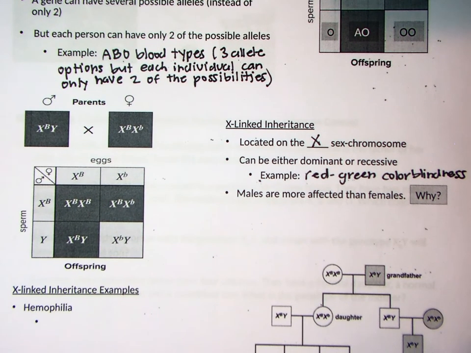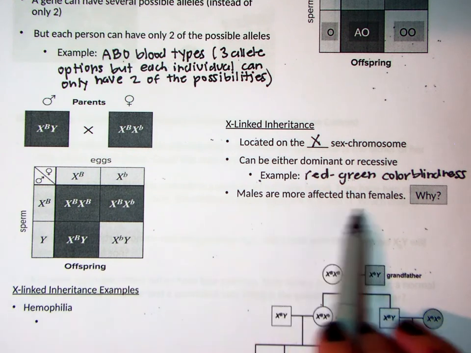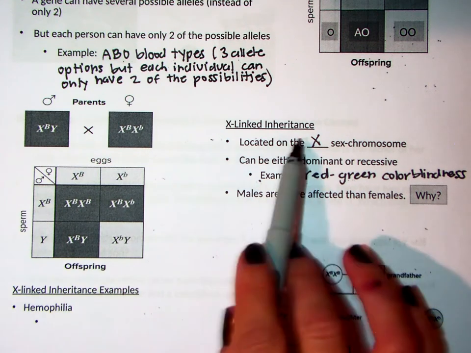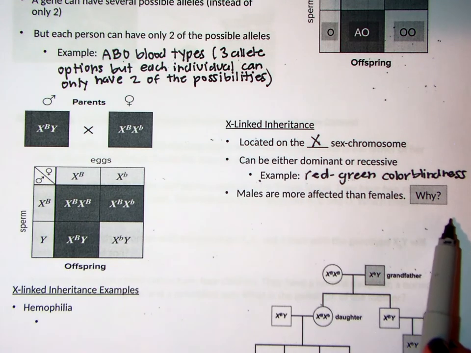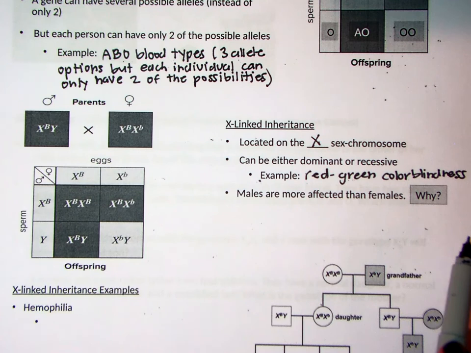And more males are affected than females with these X-linked inheritance disorders. And the question is why? X-linked inheritance almost always requires a couple of visual examples to show why men are more affected. So we'll look at that in just a minute.